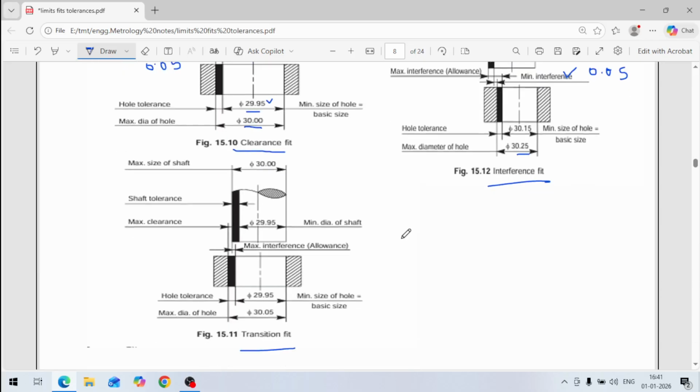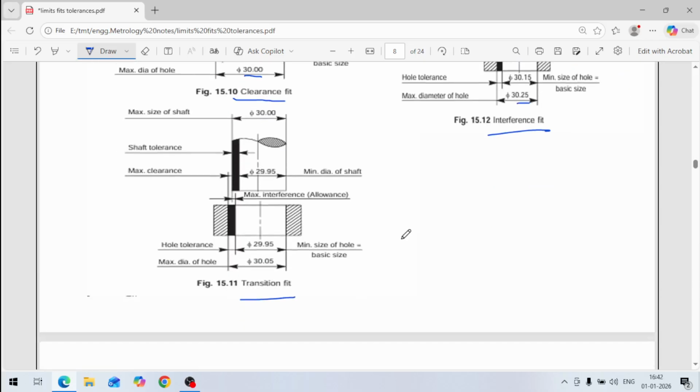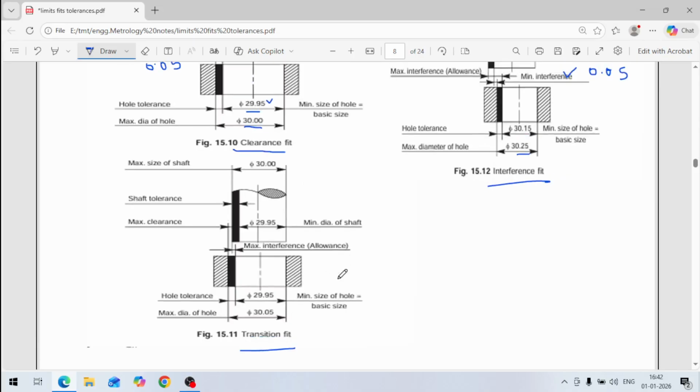and now the third is transition fit. Transition fit means there may be some clearance and also some interference. Both are acceptable.